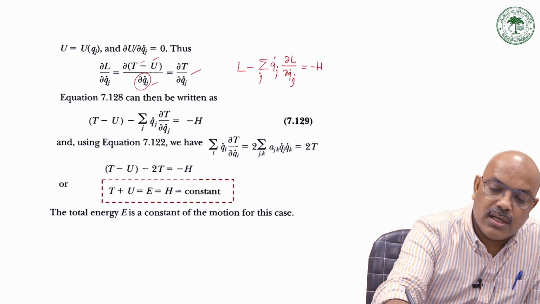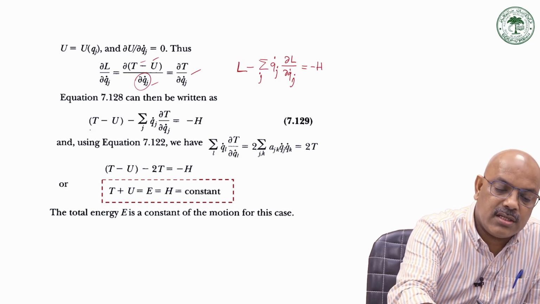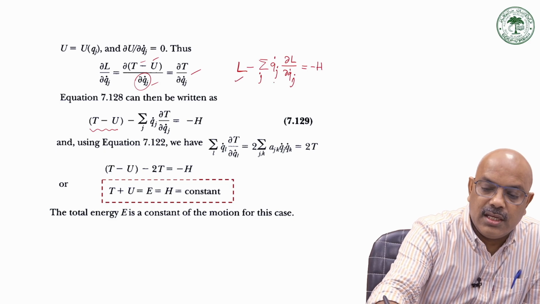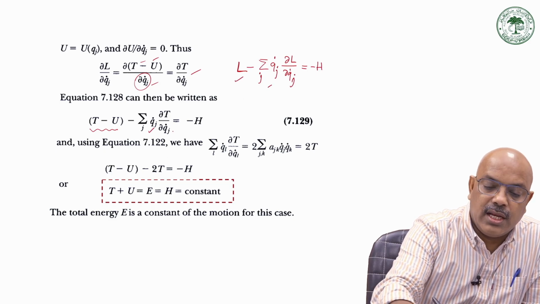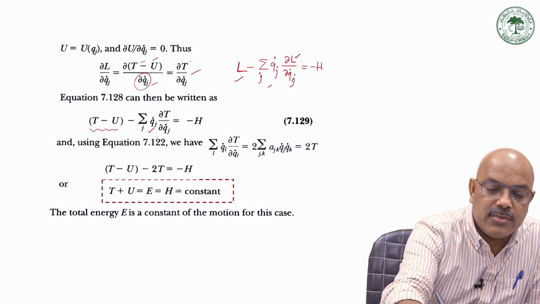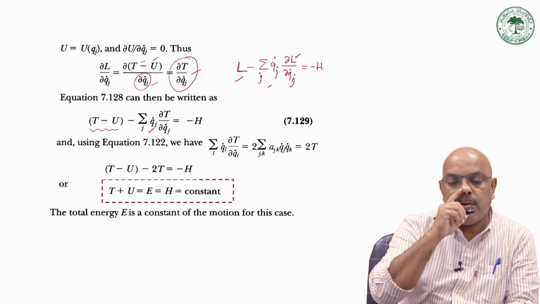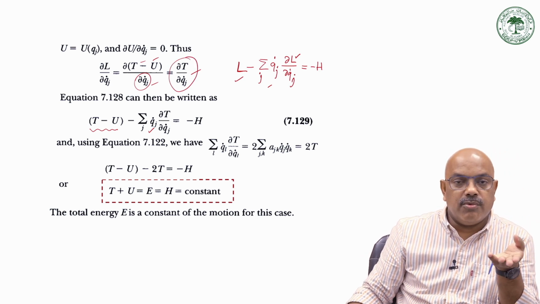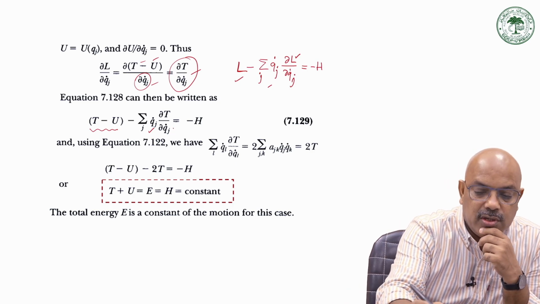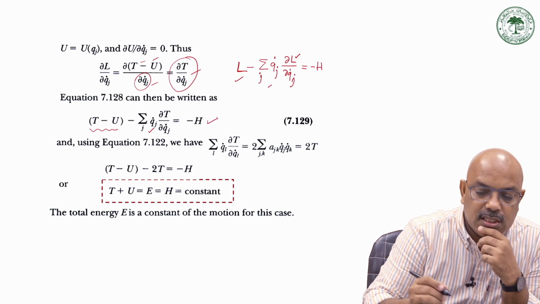In place of h I write the kinetic energy minus the potential energy. Since the potential is velocity independent, I have ∂T/∂q̇j, and this is going to be h.